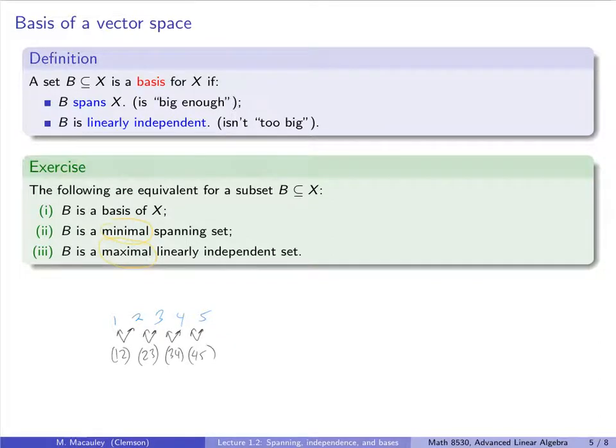So the set of permutations of 5 elements, we write Sn, don't worry about the notation, for the symmetric group, it is generated by these 4 permutations: (1 2), (2 3), (3 4), and (4 5).